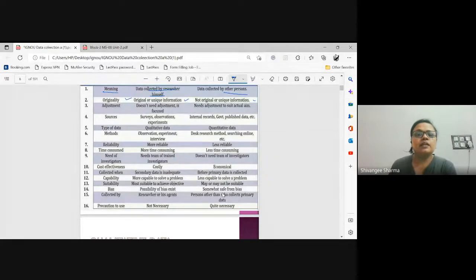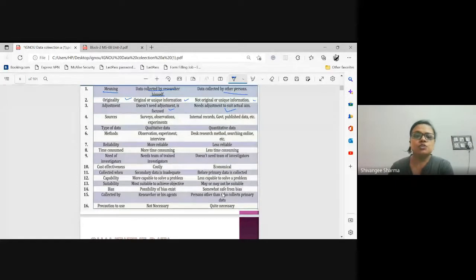Primary data does not need any adjustment because it is already collected by keeping your problem in mind, right? With the problem which you are going to study. But secondary data needs adjustment. You have to reframe the tables, you have to identify which data is useful or which data is reliable or which data is validating the problem you are studying.